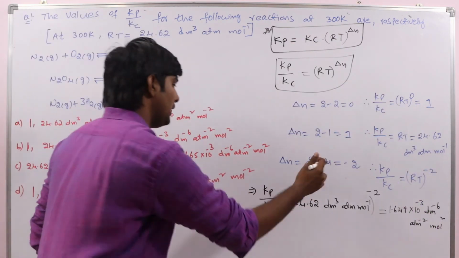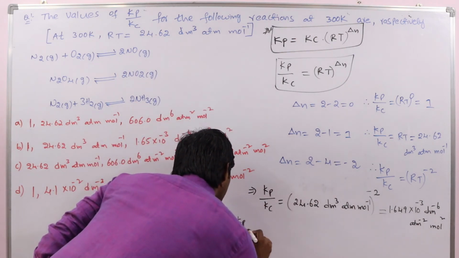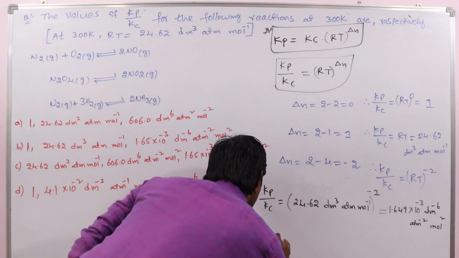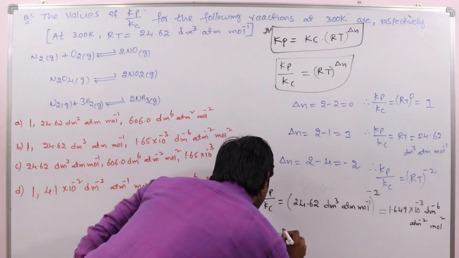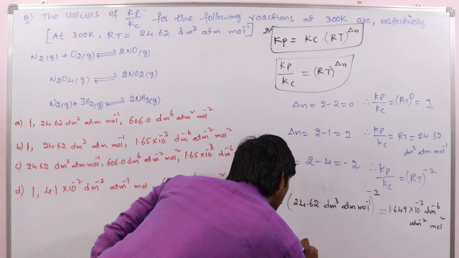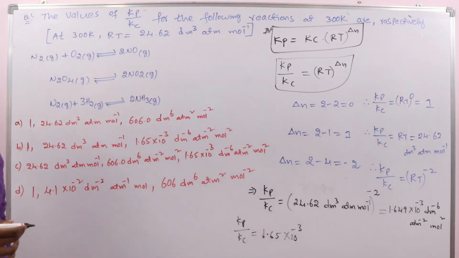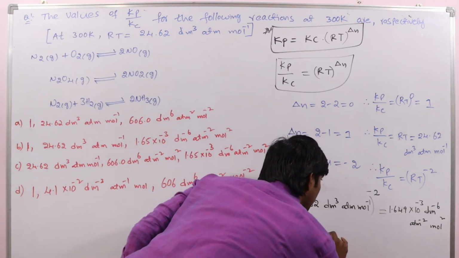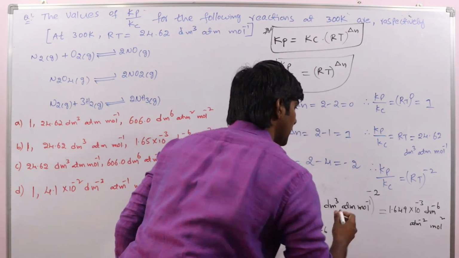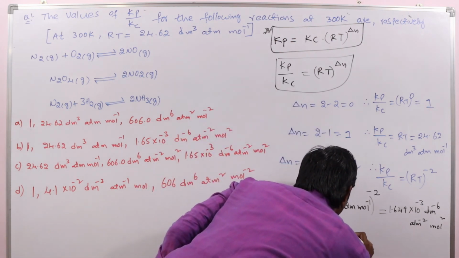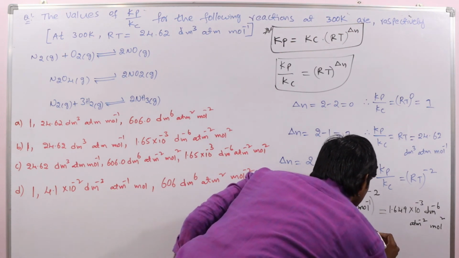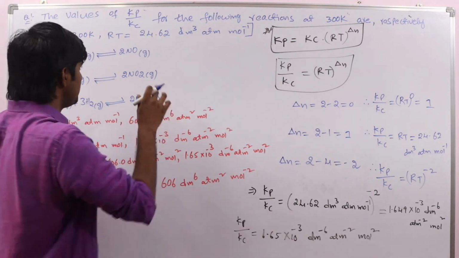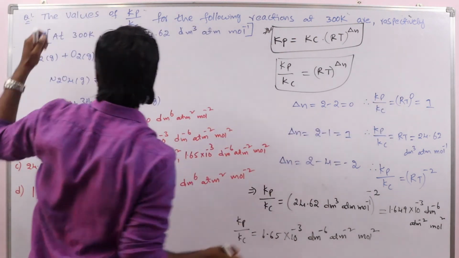So we can write Kp by Kc is equal to 1.65 into 10 power minus 3 decimeter power minus 6 atmosphere power minus 2 mole power 2.